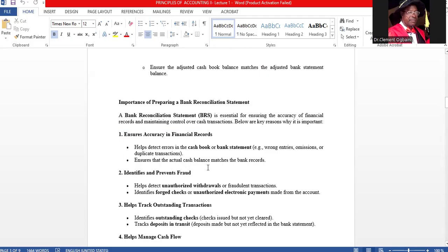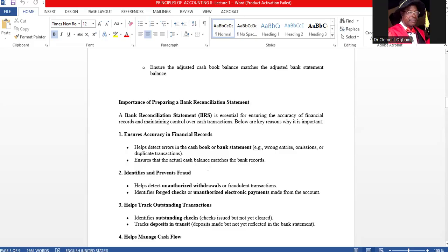Now, of what importance is it to carry out this bank reconciliation? For carrying out this bank reconciliation, you have to prepare a statement. How is it important to have a bank reconciliation statement?